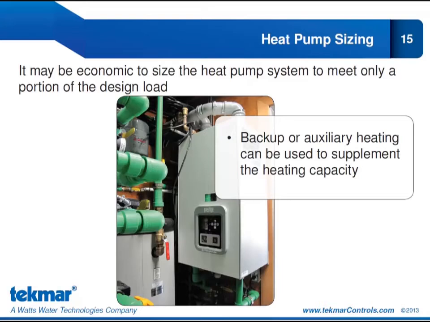Because really, the only times we need 100% is at peak demand, and peak demand typically happens maybe only 1% of the year. So those are the reasons we would consider downsizing to meet only 60 to 70% of the design load, and then using backup or auxiliary heating to make up the extra capacity during peak demand.